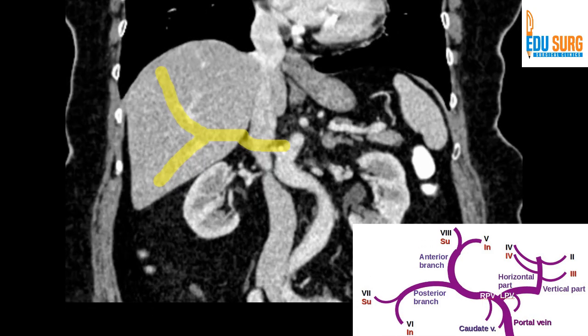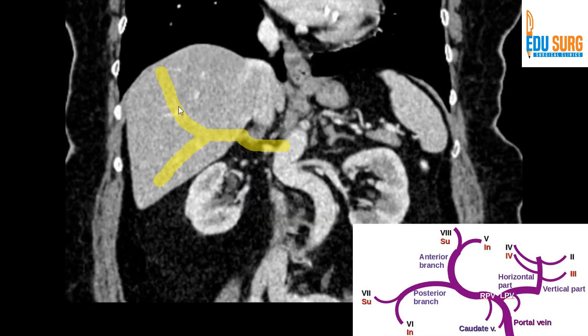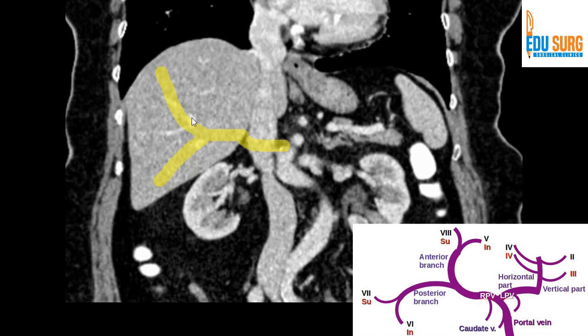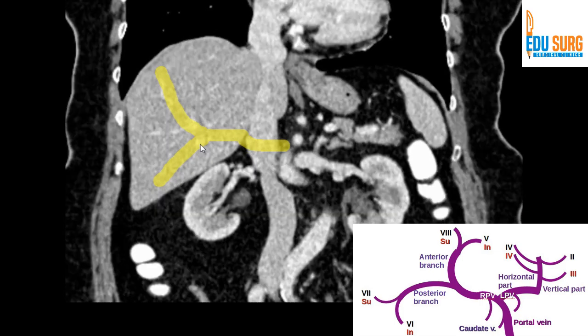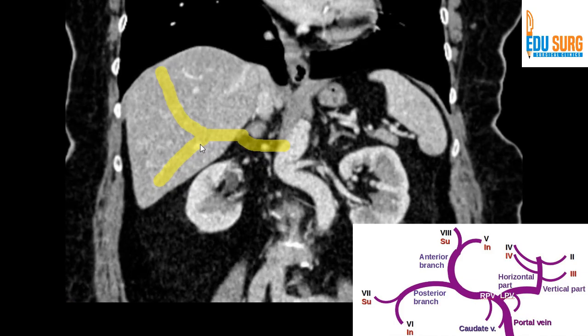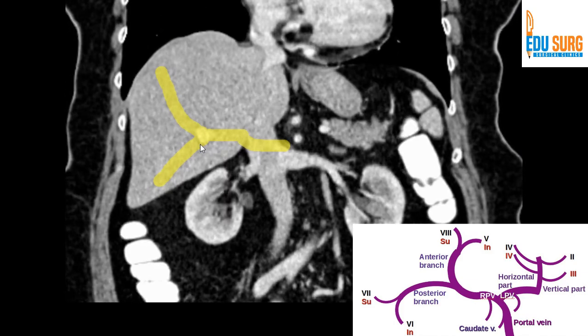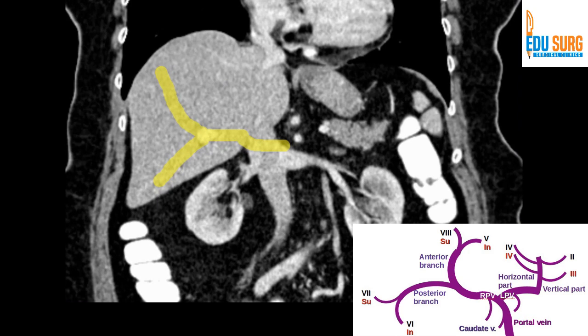So tracing the right posterior portal vein along the marked area, you can see the branch here, which is a branch to segment 7, this one, and it is joining this branch, which is the branch to segment 6, right? Because I am going posteriorly. So 6 and 7 unite to form the right posterior portal vein.